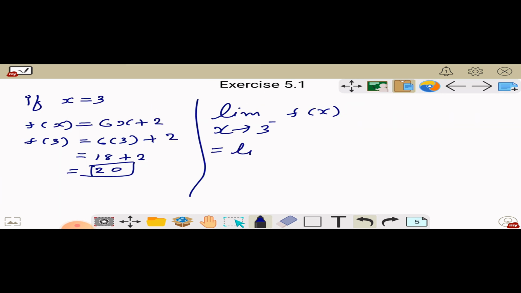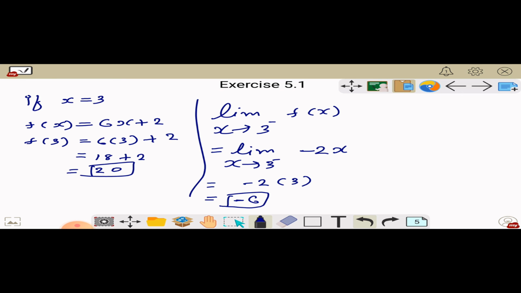So here we have to write limit x tends to 3 minus of minus 2x, which is equal to minus 2 into 3, which is equal to minus 6.